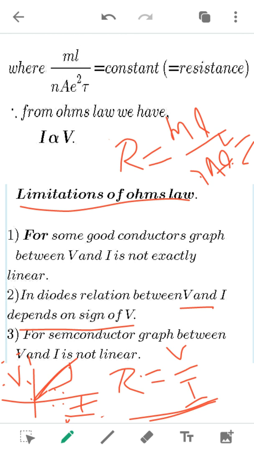For the time being, there are two types of devices: ohmic and non-ohmic. Ohmic devices obey Ohm's law and their graph of voltage versus current is linear. The non-ohmic devices do not obey Ohm's law and the graph is not linear.